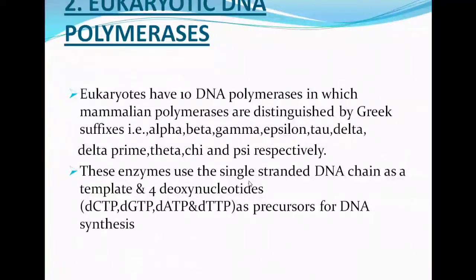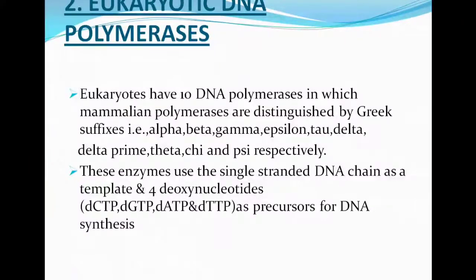These enzymes use the single-stranded DNA chain as template and 4 deoxynucleotides as precursors for DNA synthesis. This is the property of eukaryotic DNA polymerase.